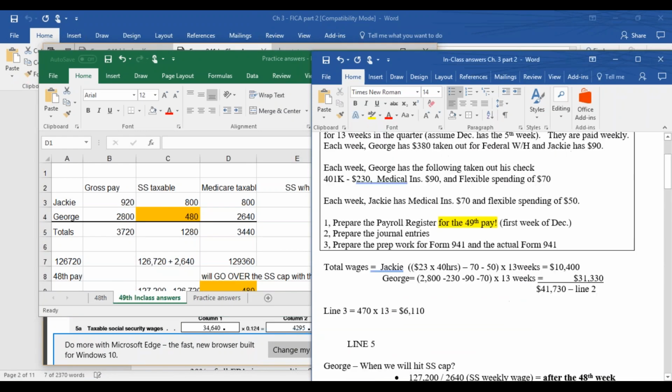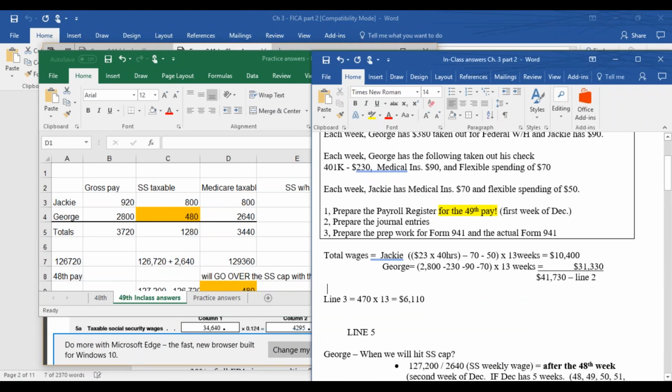So for line 3, I went ahead and did it the correct way and took out the items that were not taxed. There are different ways we could have done this, but this is just to show you in a row what I did.